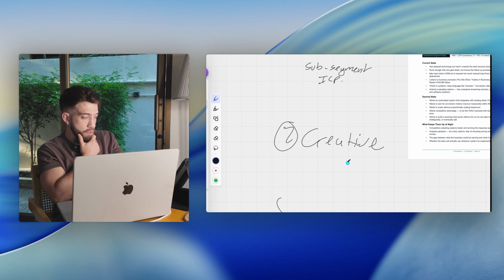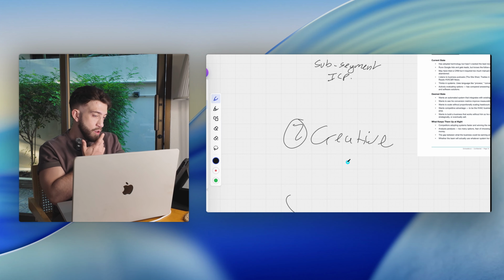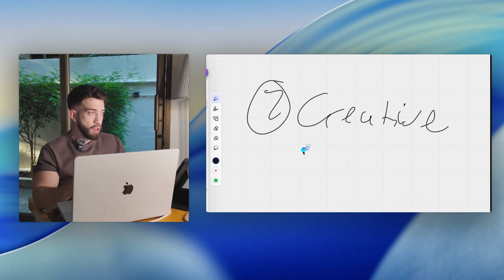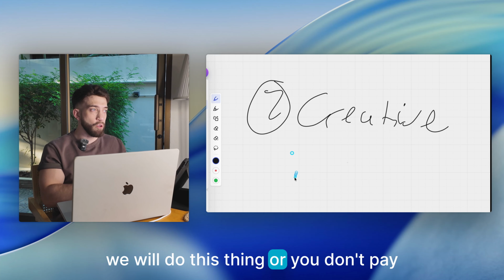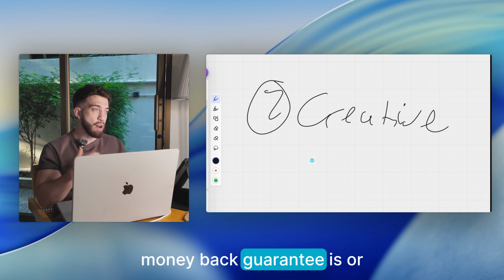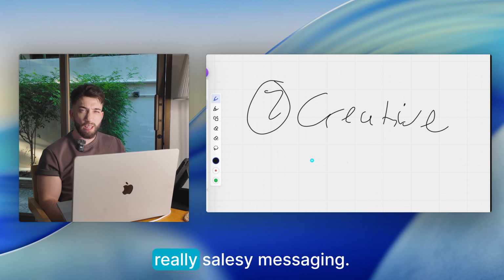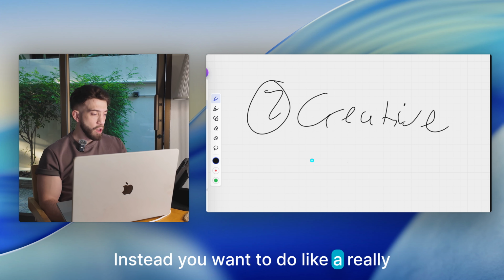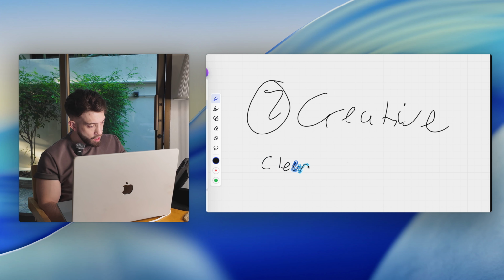And from a lot of learning, the things that we find underperforming are things like "we will do this or you don't pay," money back guarantees, or really salesy messaging. Instead, you want to do a really clear ICP call out.